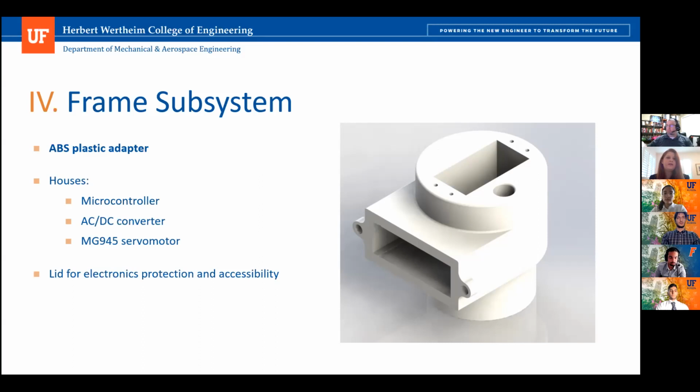Both ABS plastic components are 2 out of 3 custom parts in the design and are manufactured via 3D printing. We considered injection molding, but tooling costs were significant. ABS plastic was chosen because of its strong resistance to corrosion, cost efficiency, and because it's easy to machine. Next slide, please.